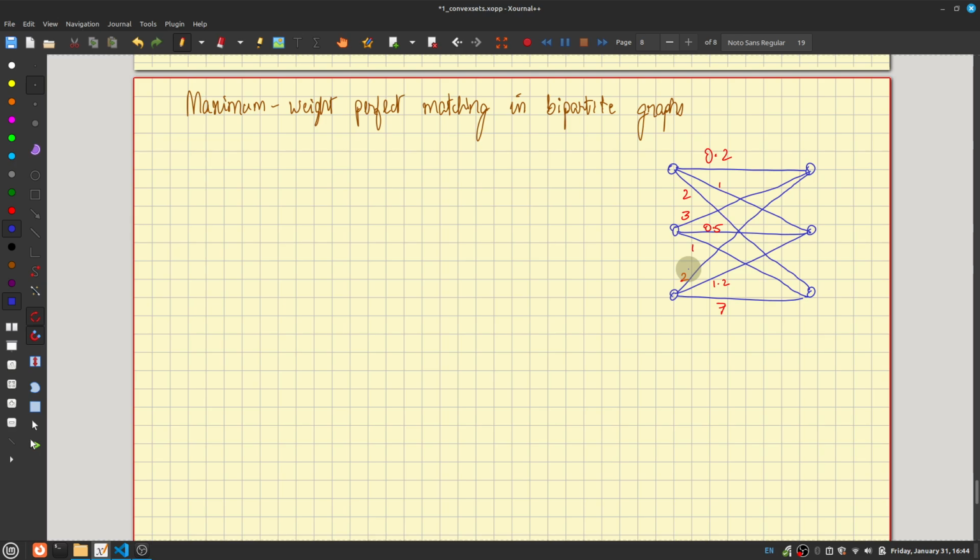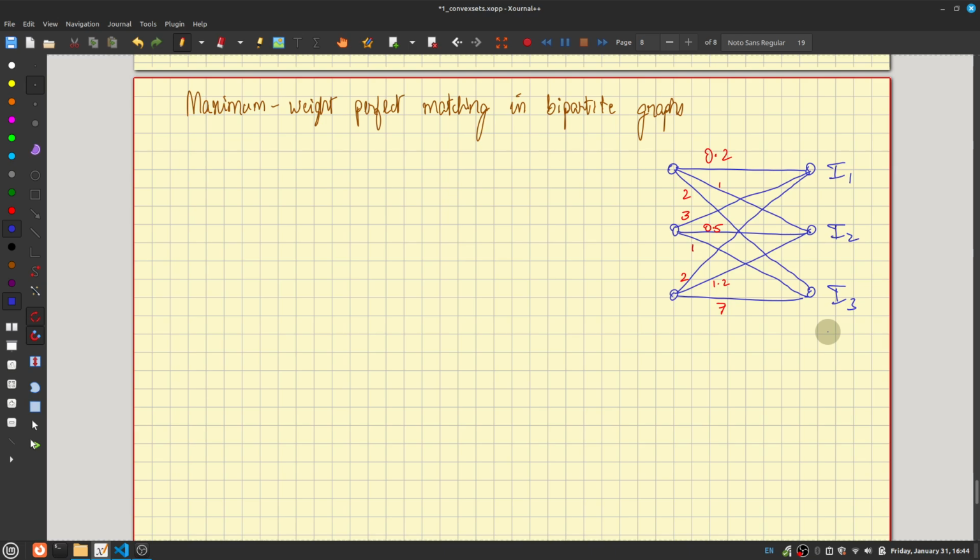So let's take a motivating example to say what a maximum weight perfect matching is. Suppose that you have three items that you want to sell: item 1, item 2, and item 3.